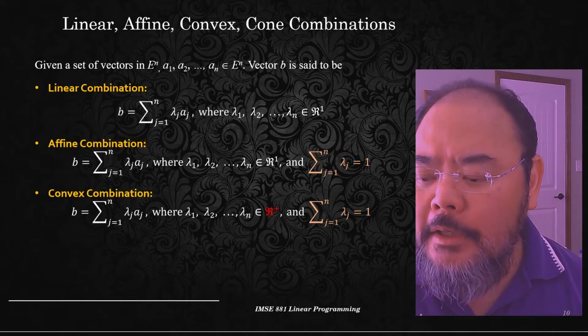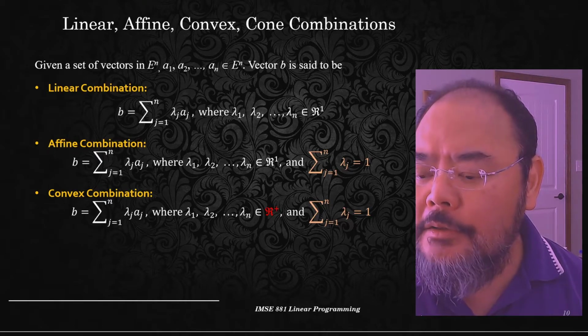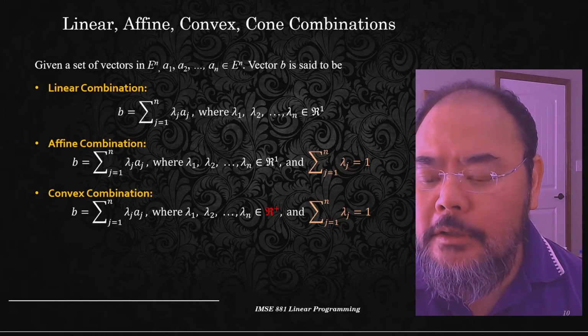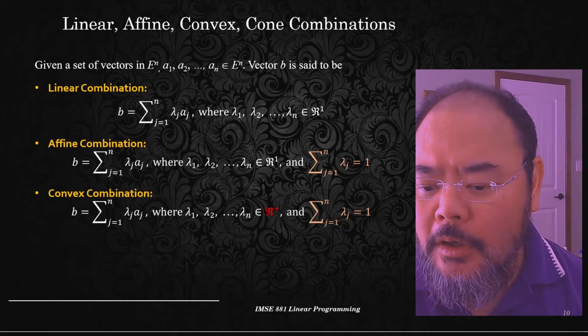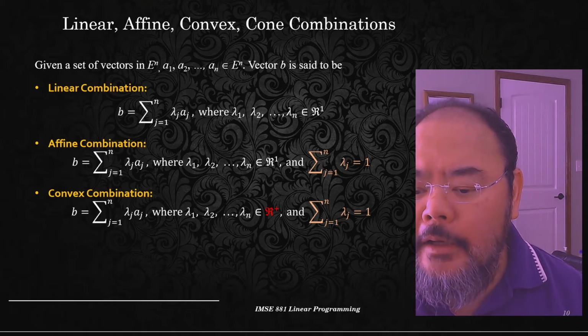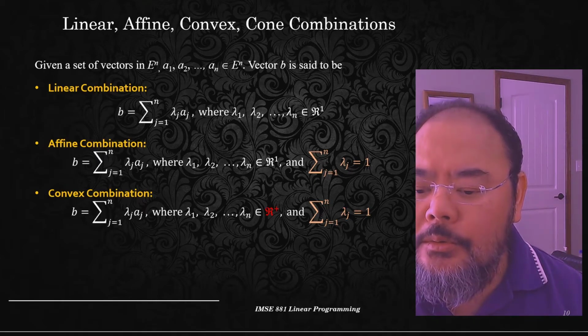Third, the convex combination. A convex combination is an affine combination, but we limit lambda 1 to lambda n to be only non-negative numbers, which is R plus, so lambda 1 through lambda n are greater than or equal to 0.